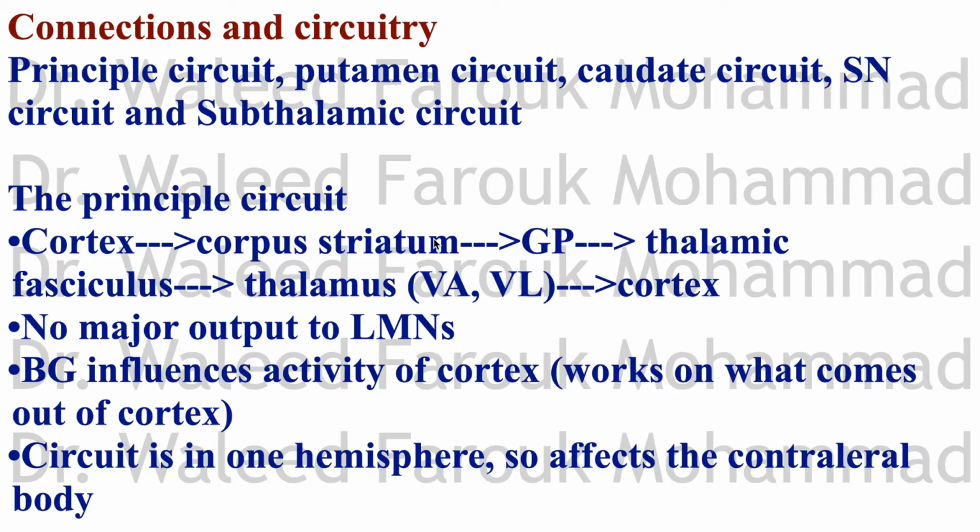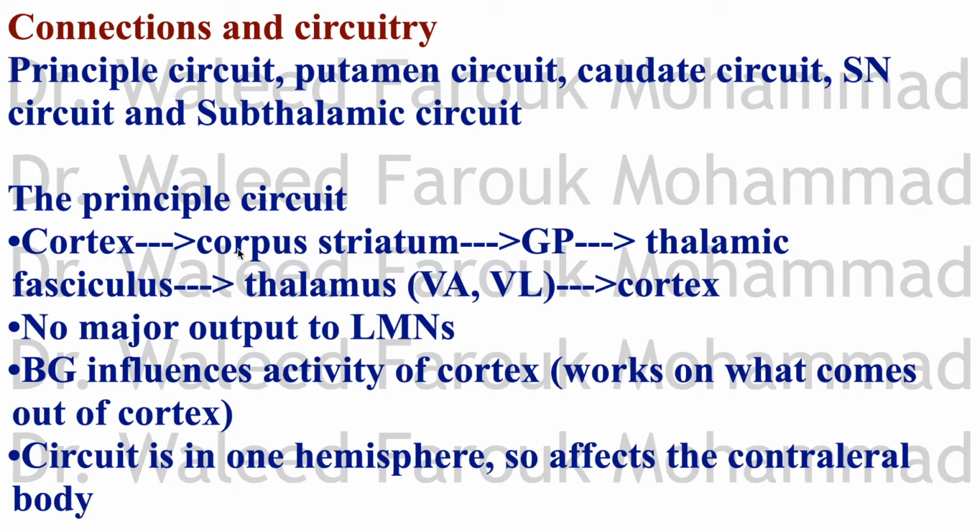Now, the principal circuit is that outflow from the cortex goes to the corpus striatum, and from it to the globus pallidus, and then through the thalamic fasciculus to the thalamus, the ventroanterior and ventrolateral nuclei, and from there again back to the cortex. This is the principal circuit.